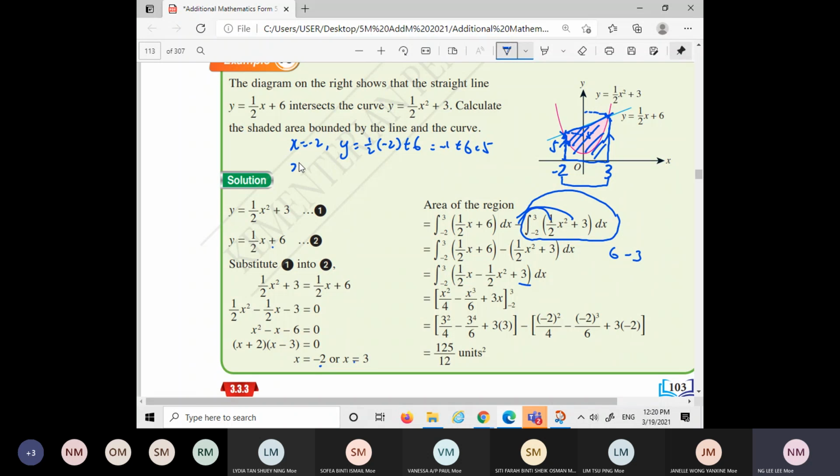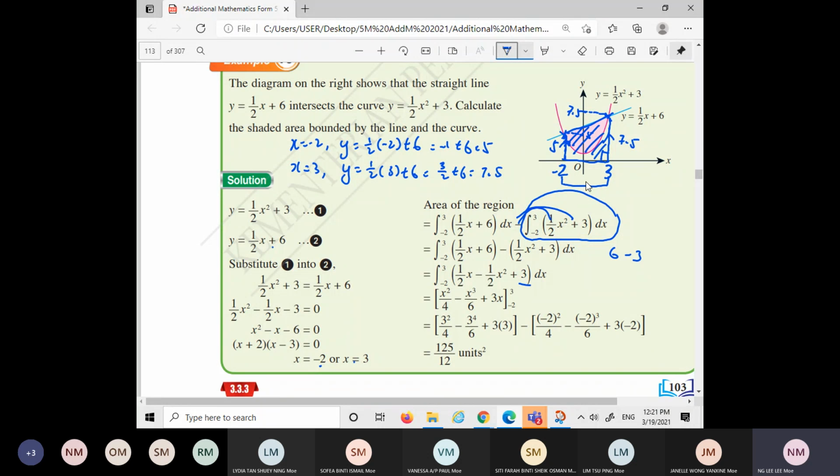Then when x is 3, what is the y? 3/2 plus 6. This is 1.5, so this is 7.5. So here is 7.5, and the length here is also 7.5. Then I need this, because this one makes 90 degrees with the two parallel sides. This will be the height of the trapezium.